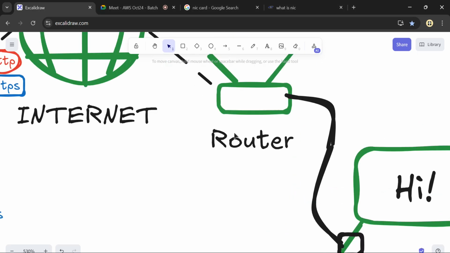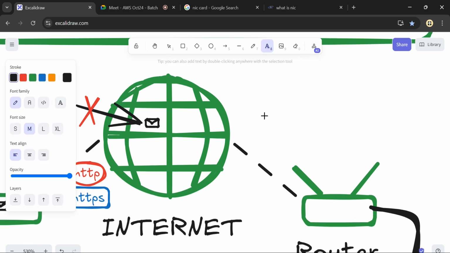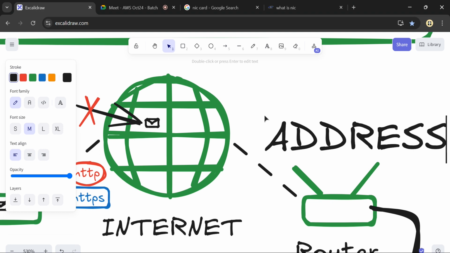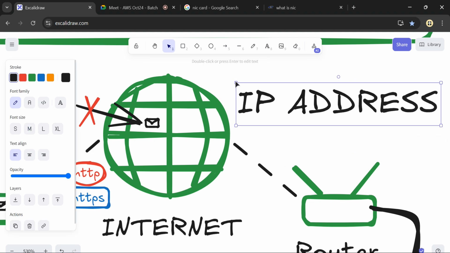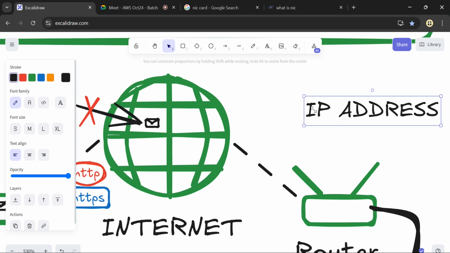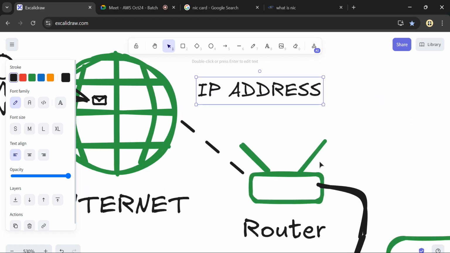Now this internet will fetch your router via the IP address. It's like if I want to call you, I will need your mobile number. Similarly, if the internet wants to reach you, it will reach you via the IP address. It is a unique number that will be given to your device.